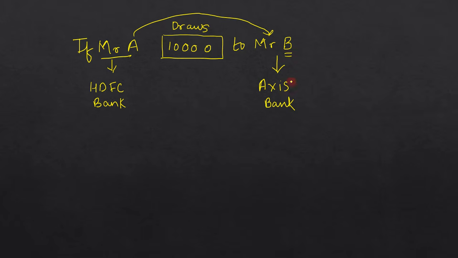Now B is the customer of Axis Bank. So B deposits the check in Axis Bank. Now what is the duty of Axis Bank? The Axis Bank's duty is to collect the amount of this 10,000 from Mr. A's account.